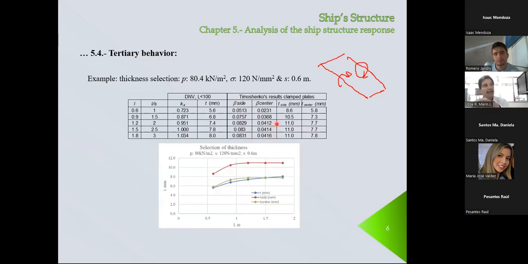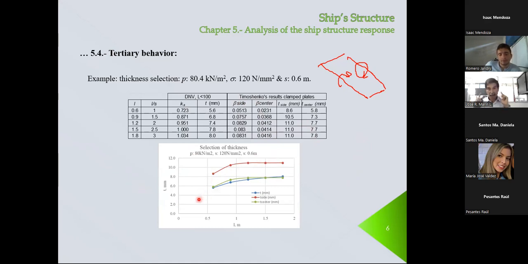In graphical way, this is what we have. If we consider this plate as completely clamped, and we take the values on the side, we will require this value of thickness.